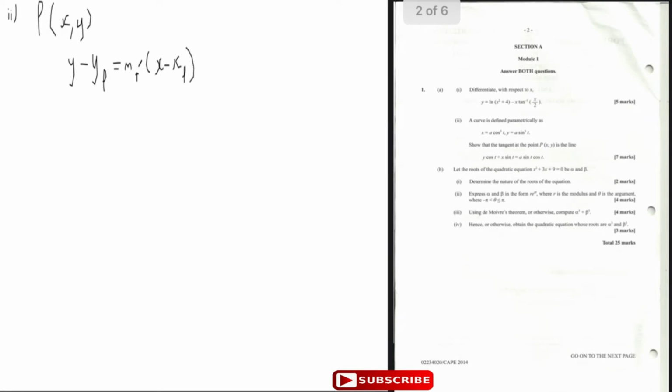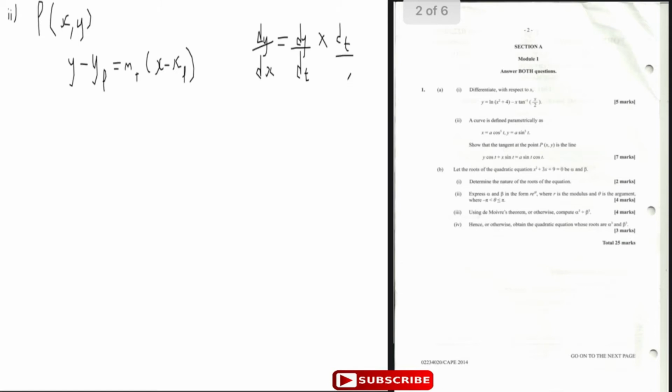In order to find the gradient of the tangent is dy by dx. That's the gradient of the tangent, dy by dx. But in this case, because it's parametric differentiation, dy by dx is dy by dt times dt by dx. Cool? So this is going to be dy dx.